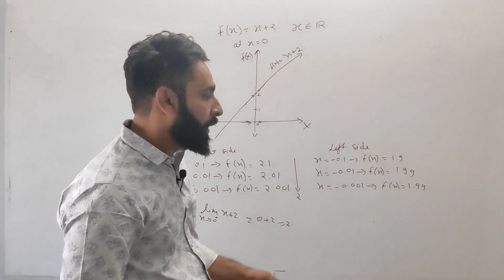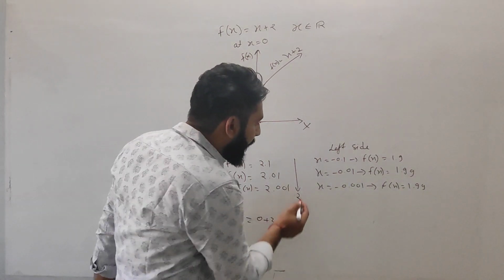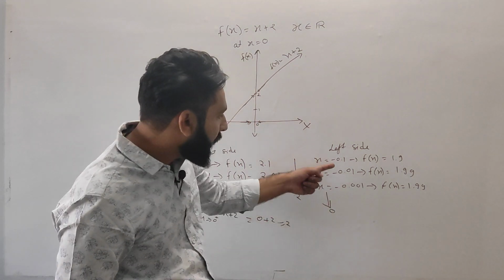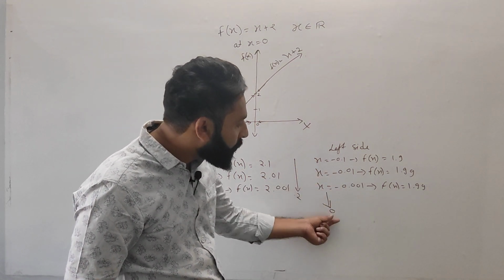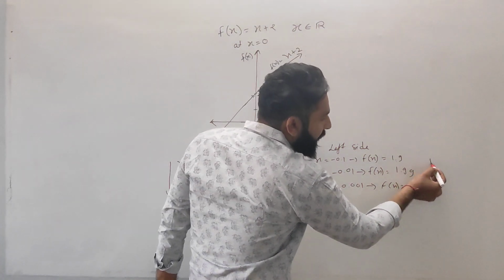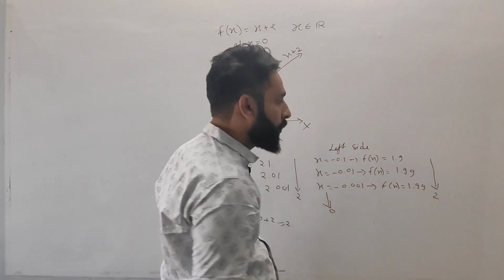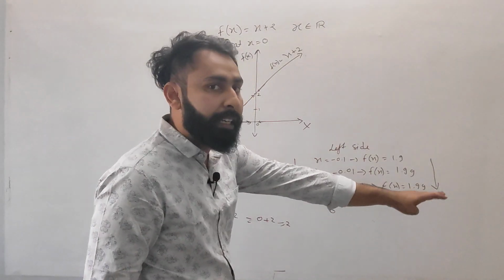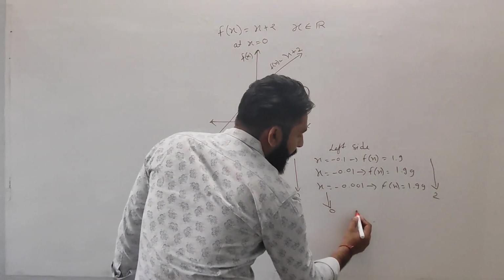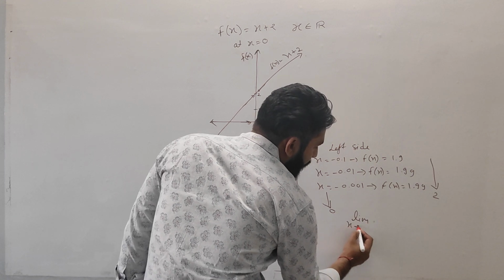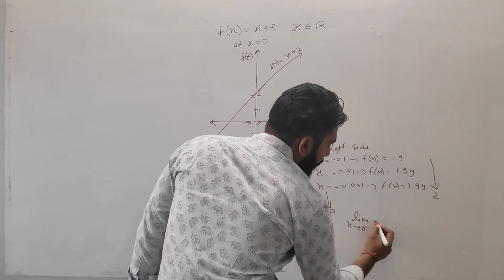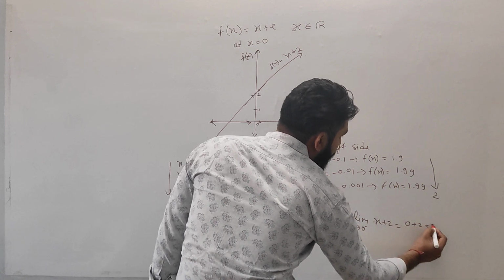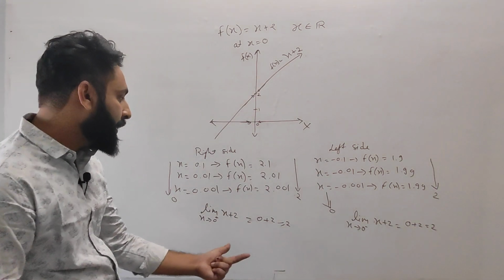In this case we also see that when x tends to 0, x is small and close to 0, so we find the value f of x is equal to 2. This is the nearest value of 2. So we say that limit x tends to 0 minus of x plus 2, 0 plus 2 is equal to 2.